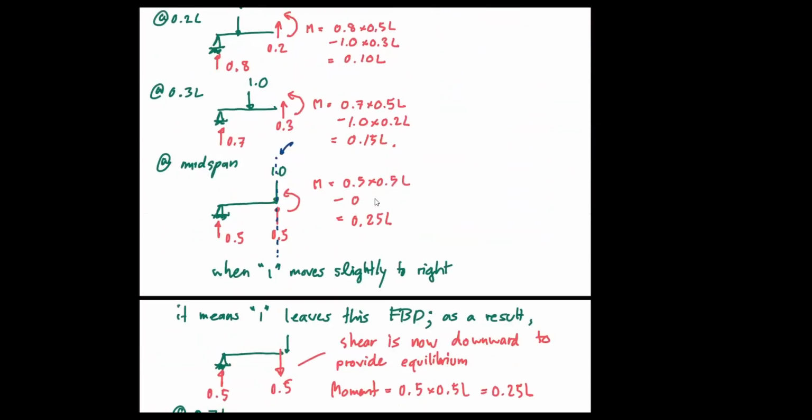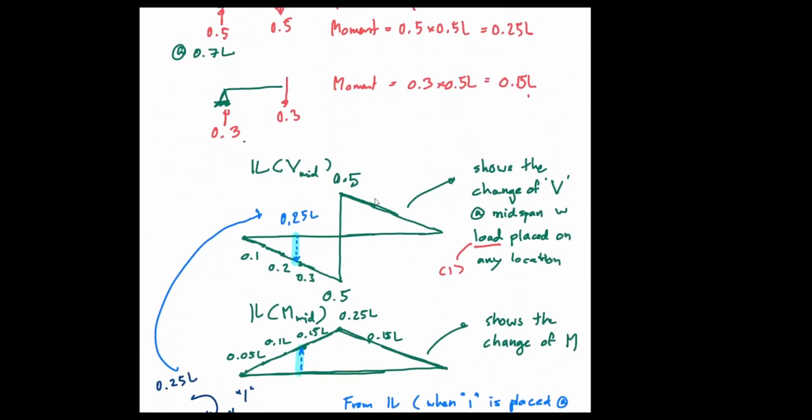This is the shear force, internal shear at midspan of the beam when we move the load around. And this is the internal moment at midspan, how it changes when we move the load around.